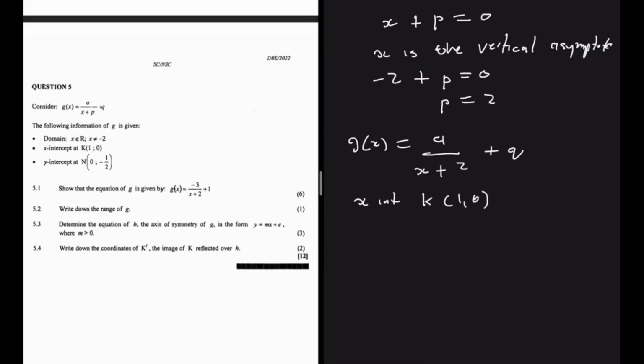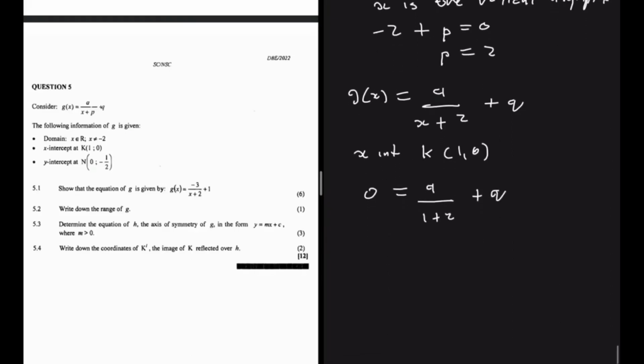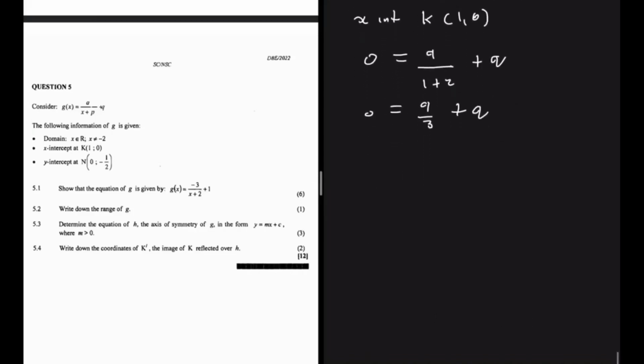So the y is 0, so we're gonna say 0 equals a divided by, the x is 1, so we're gonna have 1 plus 2 plus q, which is gonna give us 0 equals a divided by 3 plus q. I don't like dealing with fractions, they're just too much, so I'm gonna multiply everything by 3 so that I can have a nice equation.